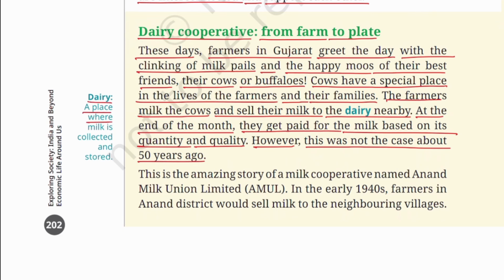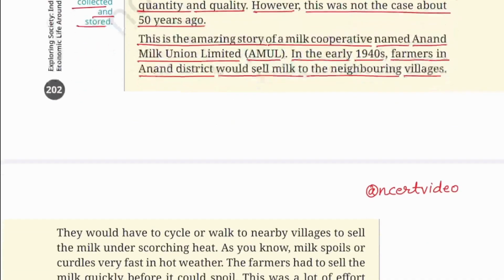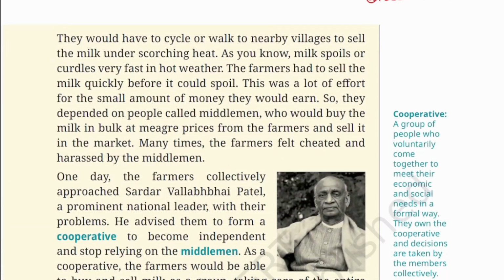Dairy, a place where milk is collected and stored. This is the amazing story of a milk cooperative named Anand Milk Union Limited, Amul. In the early 1940s, farmers in Anand district would sell milk to the neighboring villages.